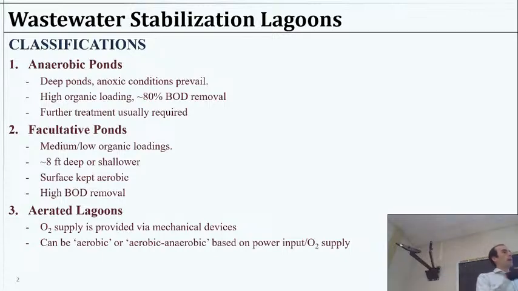So you'll have a moderate depth, something like 8 feet deep, where the lower area is deep enough that it's not getting sunshine, not getting algae growth or oxygen production at depth, and it's deep enough that it's not mixing super well with the surface, which with a little bit of wind will have some pretty good oxygen exchange. So if you have it a bit deep, then you have a zone that's going to be anaerobic, and then a zone that's going to be aerobic.